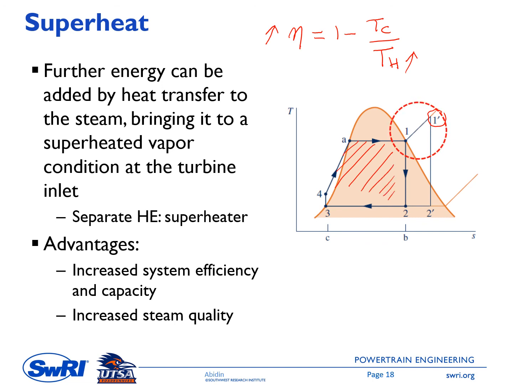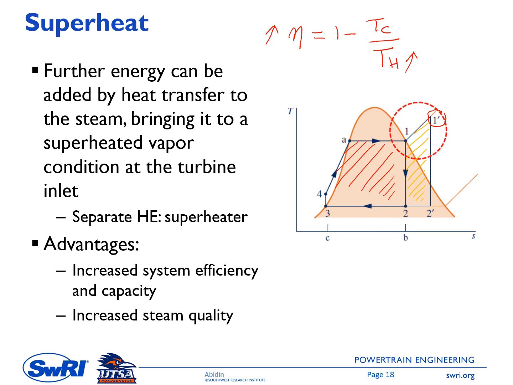By adding a superheater, we now have additional power from this system, which is represented by this area. I don't see this benefit mentioned in the textbook, but you can see in this TS diagram that the area surrounded by the process line is larger.